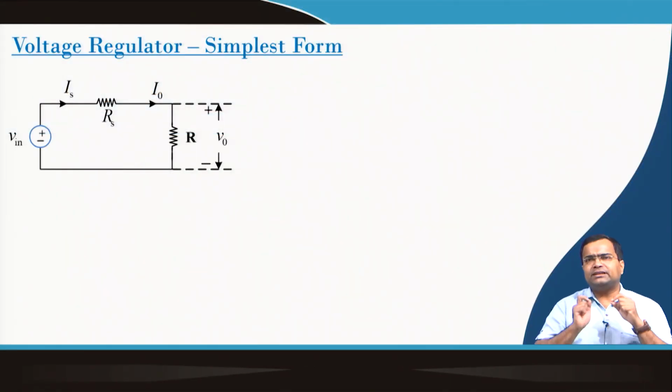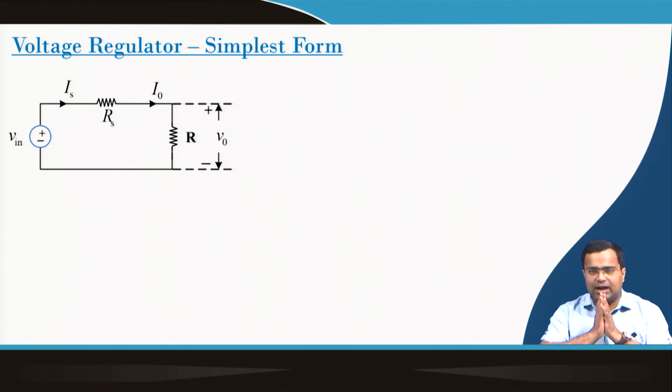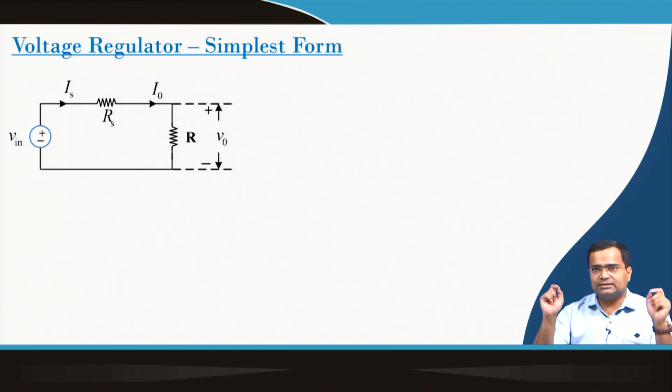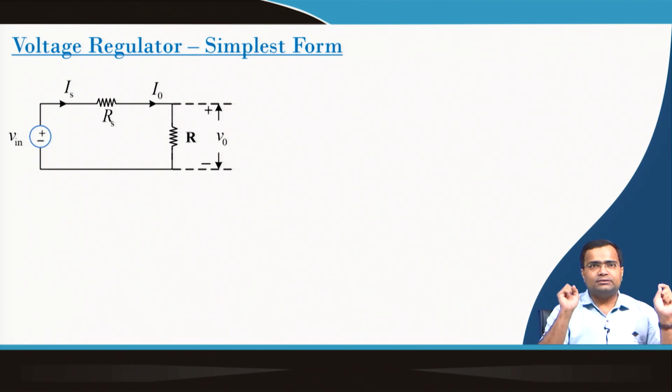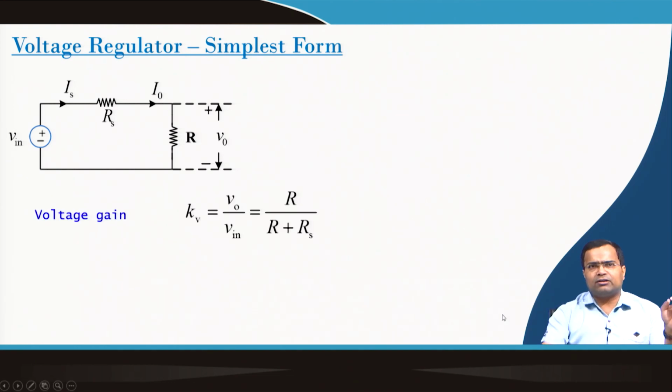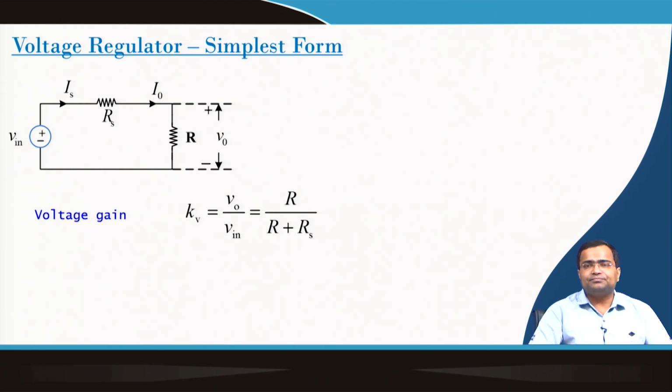So, the voltage regulator, if you start from very basic, it starts with a simple resistive voltage divider, where we have a series resistance R s and load resistance R, and the voltage across the load resistance is simply R by R plus R s. Now, here what can happen?